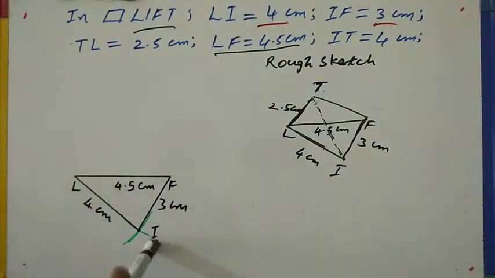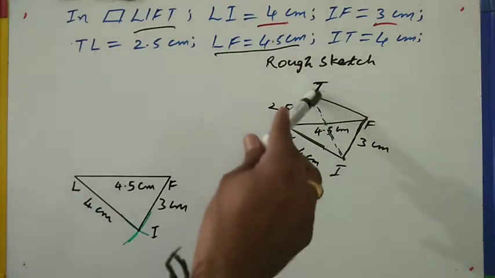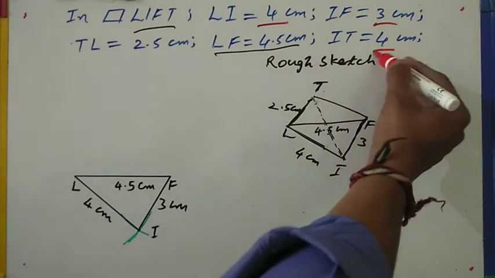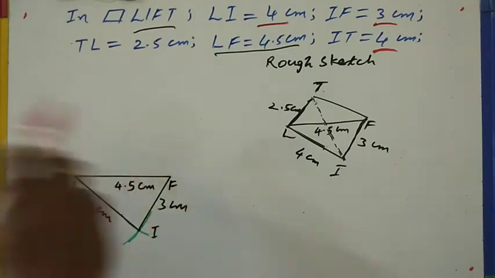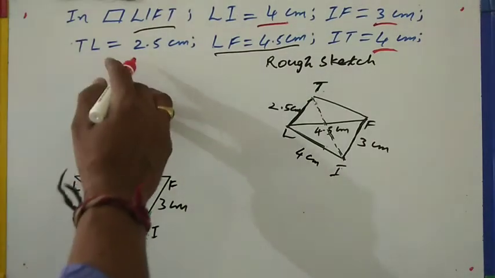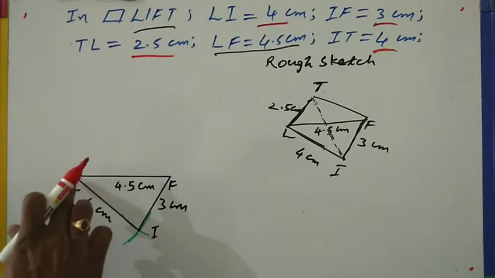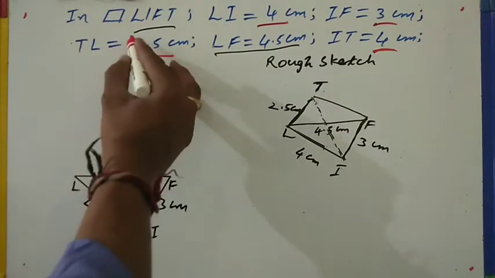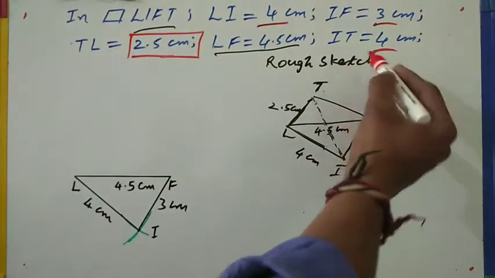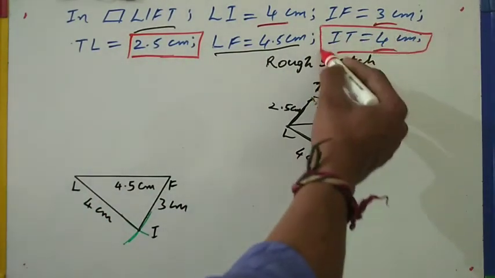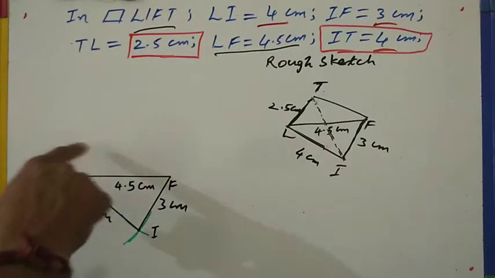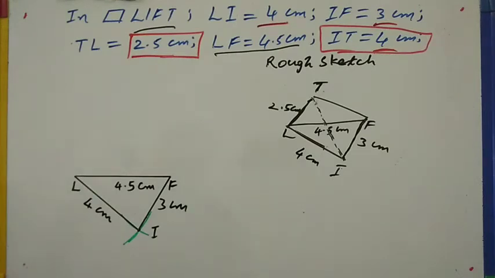Thus, those two by joining I will get another diagonal. So, I know the measure of another diagonal, that is 4 centimeter. So, that means IT I know, and LT I know. I will make use of these two measures, that is LT measure and IT measure, another diagonal measure, to find out that point T.